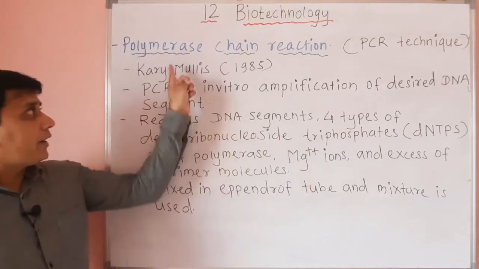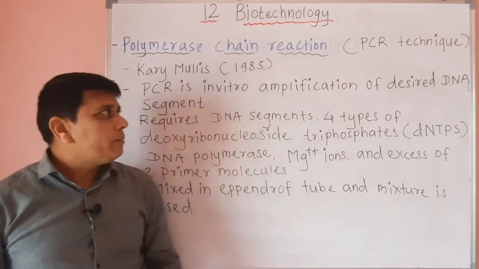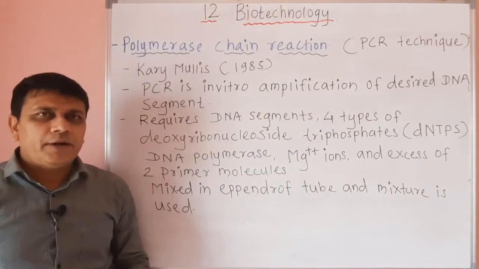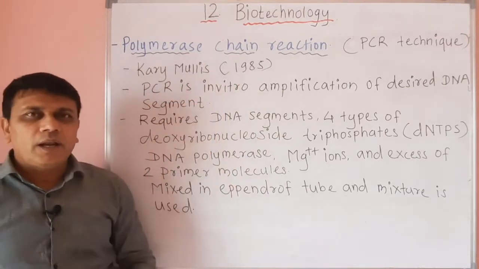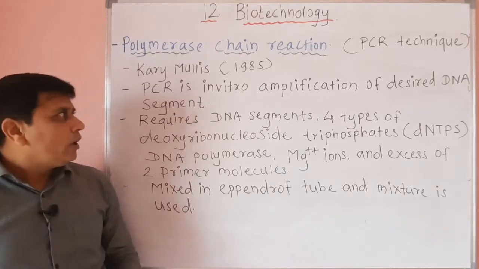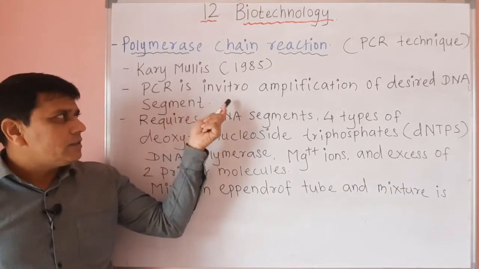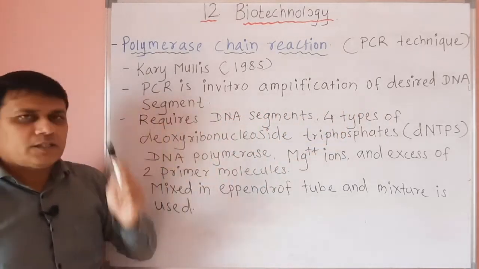Then we will see the technique of polymerase chain reaction. In short, it is called as PCR technique. Now the PCR technique was first invented by the scientist called as Kary Mullis in the year 1985. Now PCR or polymerase chain reaction is in vitro amplification of desired DNA segment.